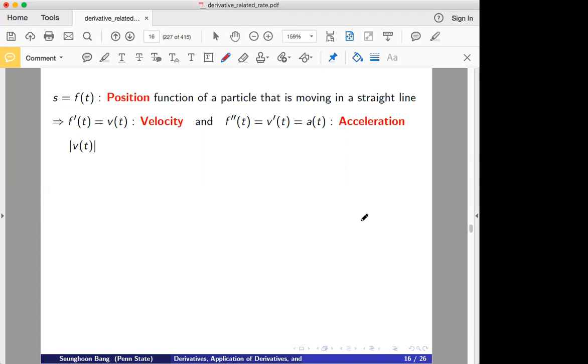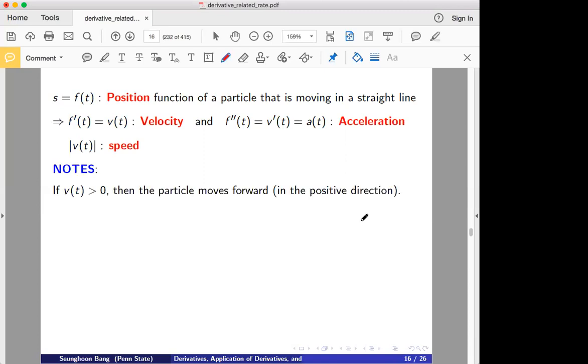The absolute value of v of t is speed. This is like a definition. One note: if the velocity is positive, what does it mean? The particle moves forward in the positive direction. If the velocity is negative, the particle moves backward in the negative direction.